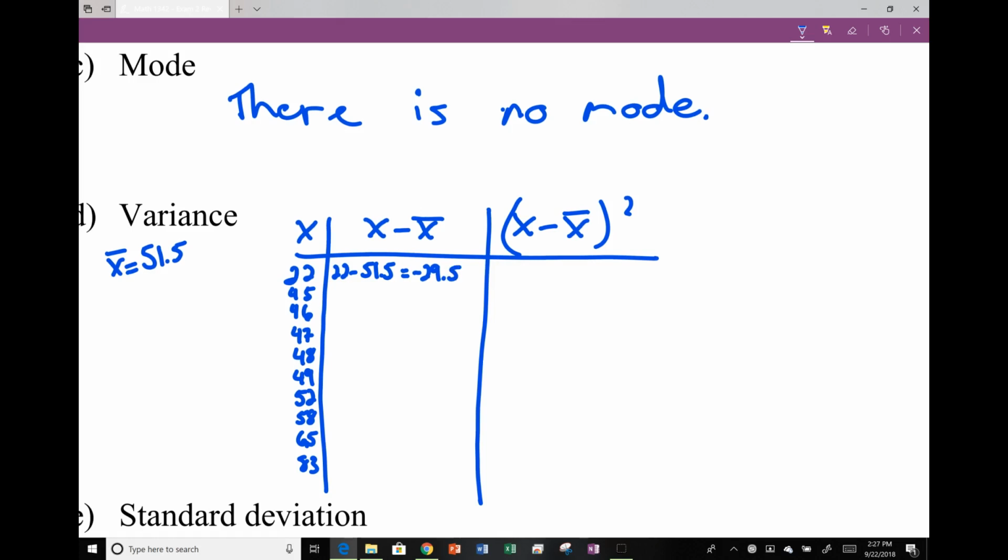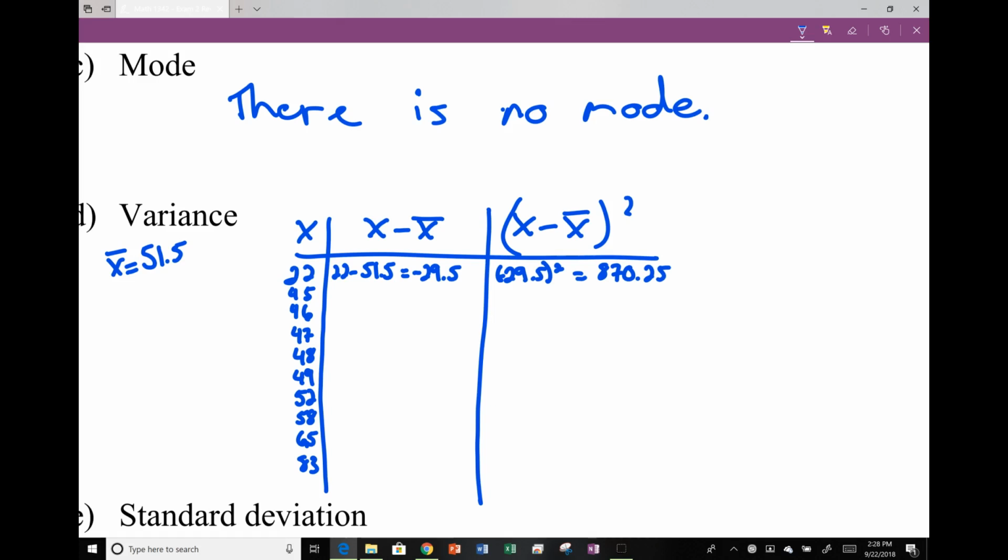In my third column, I'm going to square that value. Negative 29.5 squared is going to give me 870.25. You will notice that I am not rounding in either one of these columns. We don't want to round until the very end again.